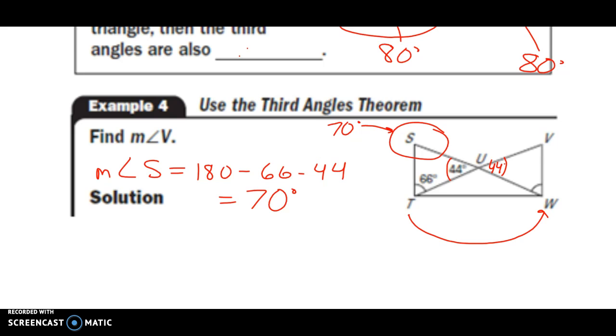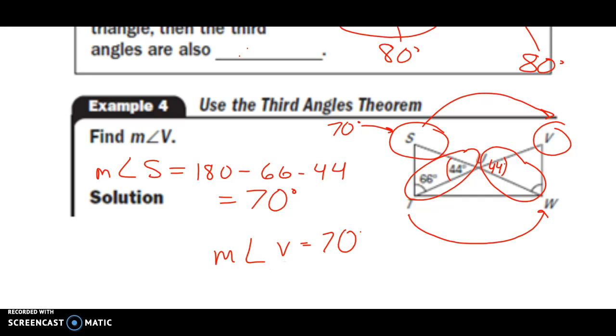But literally the bridge, like one vertical angle is connected to the vertical angle. That's kind of how we hop over to the other one. And then now we should know V. Because why? Because they're angles too. If these are congruent to these, that means the third angles are congruent. So V would be 70 degrees.